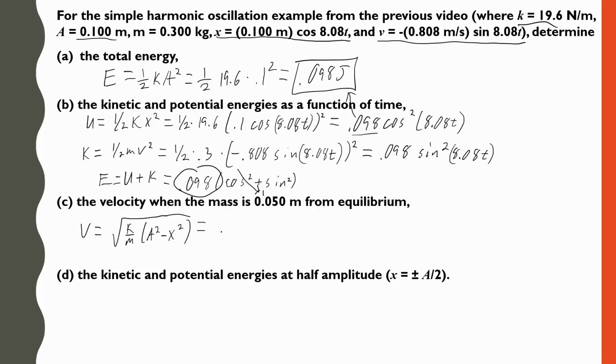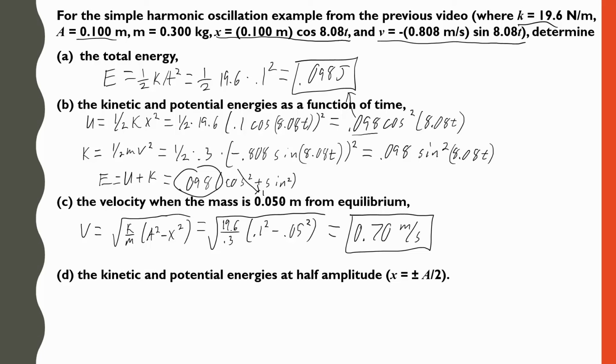And plug in your numbers, 19.6 over 0.3, A squared is 0.1 squared, 0.05 is our x, and we find a velocity of 0.7 meters per second at that location. This would be a whole lot easier than finding the time it took to get to that location, and then finding the velocity at that time and whatnot.